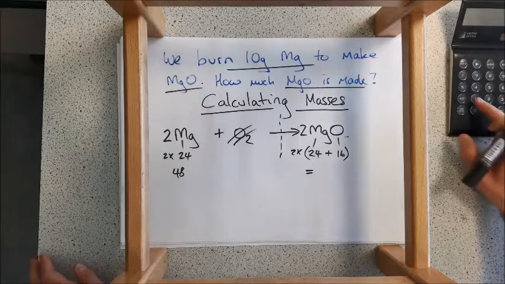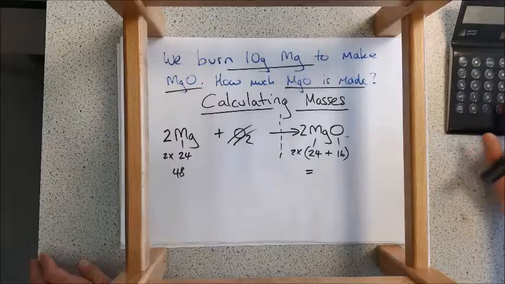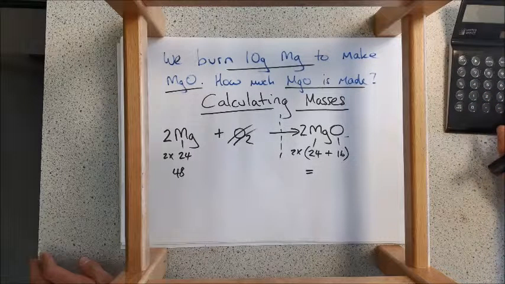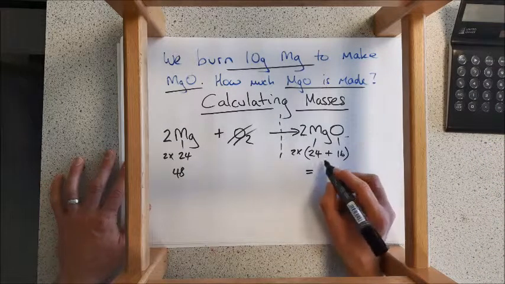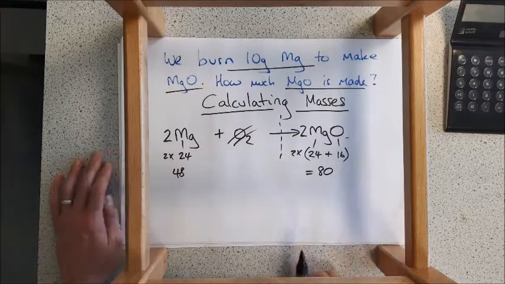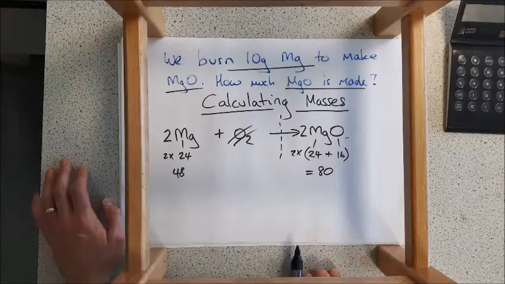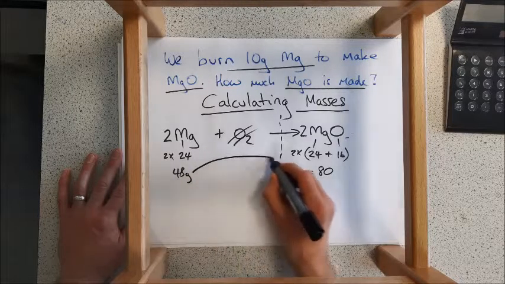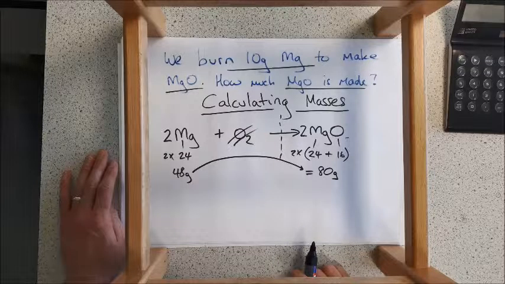I don't do maths in my head because I always get it wrong. 24 plus 16 equals, times 2, is 80. That should have been easy enough for me to do in my head, really. I'm tired. So what we now know, just using relative formula mass, is that 48 grams of magnesium will turn into 80 grams of magnesium oxide.